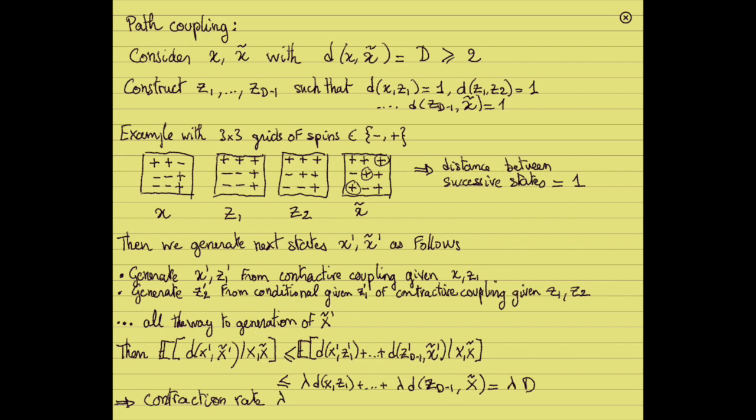This means that we can in fact obtain the contraction rate lambda from X and X tilde, even though they are not adjacent, but using this construction of a specific coupling. So it's enough to find a contraction rate from adjacent states.